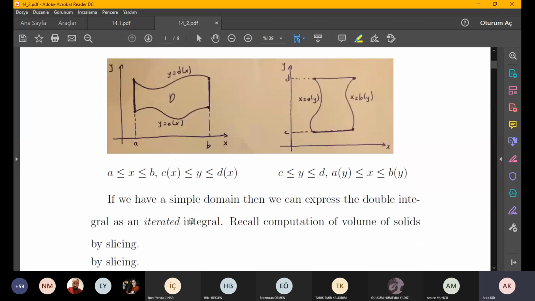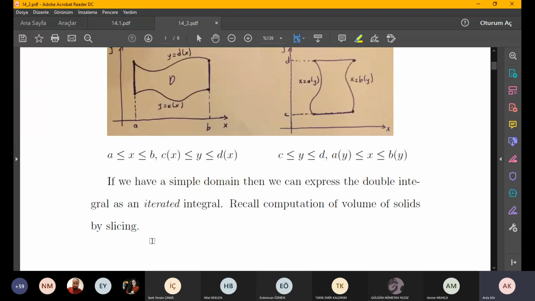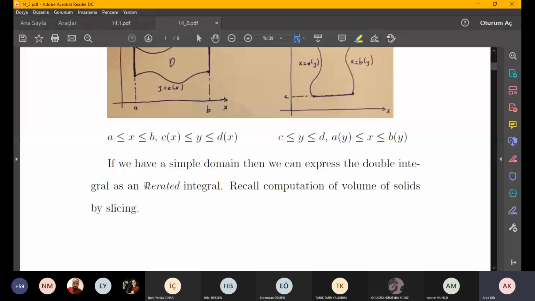So if we have those kinds of simple domains of integration, then we can express the double integral as an iterated integral. So we call them iterated integrals.